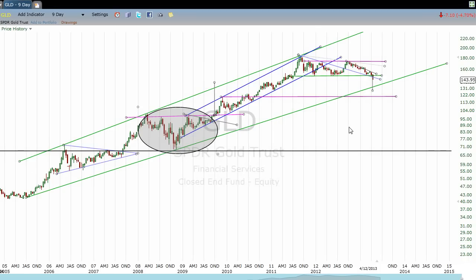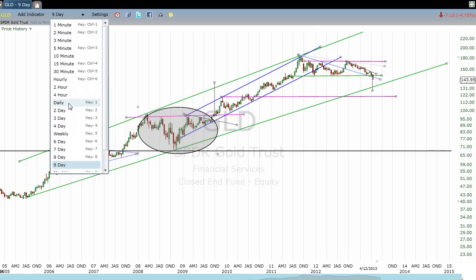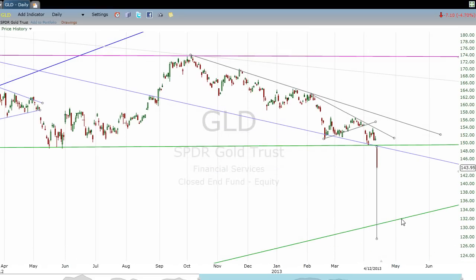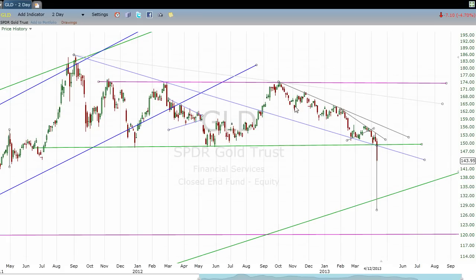So I guess a good way of considering this going forward is perhaps this line will provide support that would overcome the built-in overhead of selling pressure that has built up over the past 2 years, almost not quite 2 years, about 23 months, as GLD has been consistently over this 150 level.